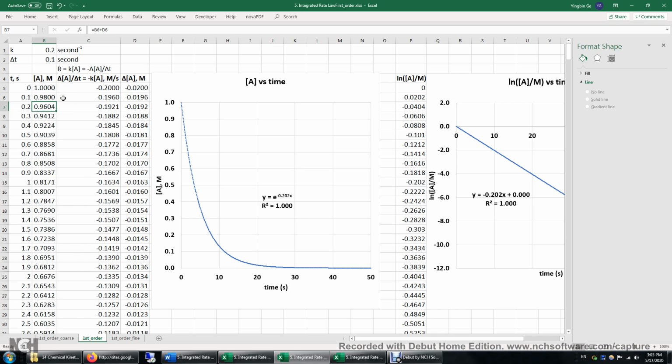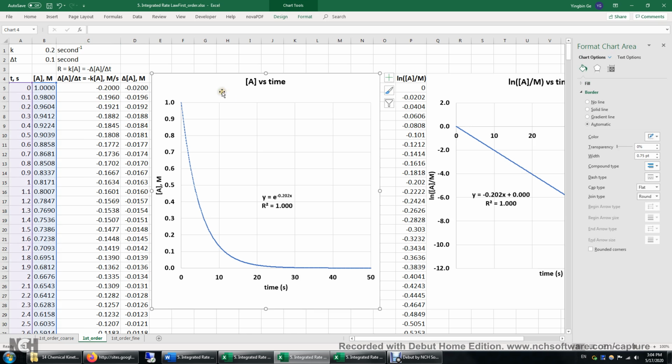But over here, you can see between time 0 and time 0.1, the concentration is between 0.98 and 1. So that makes our approximation more accurate than the previous Excel graph. Over here, we assumed the concentration of A is simply 1.0. In reality, it's between 0.98 and 1.0, so it's not too bad.